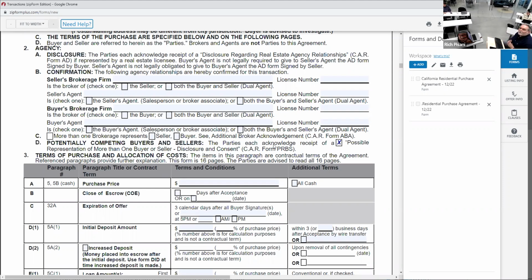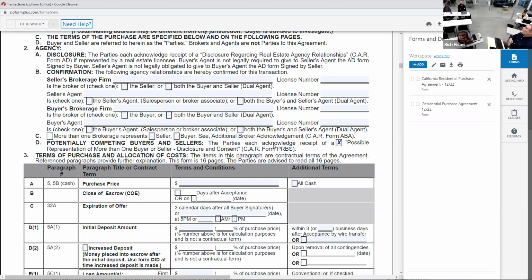Another form that's bundled with this is potential competing buyers and sellers, and the possible representation of more than one buyer and seller. It's basically saying to the buyer or the seller, look, I represent other buyers, I represent other sellers.